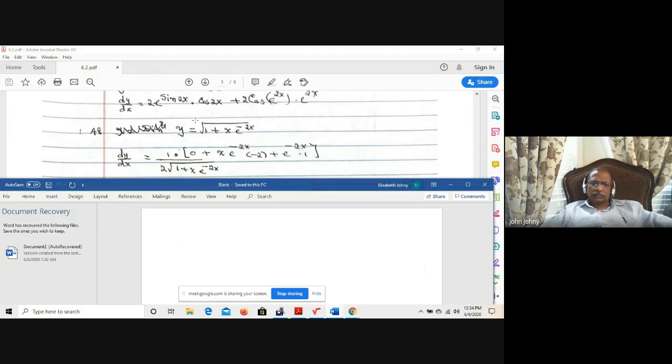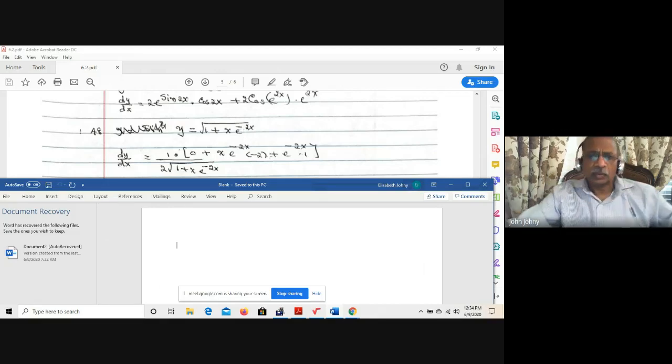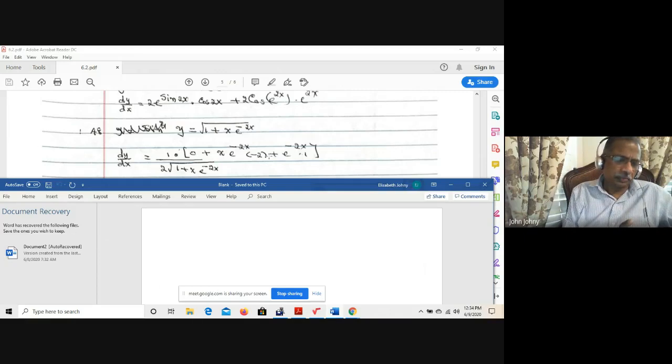So this becomes 1 over 2 times the square root of 1 plus x e to the negative 2x. Now you have to differentiate whatever is under the radical sign. The derivative of 1 is 0, plus x times e to the negative 2x times negative 2, plus e to the negative 2x times 1. Now you have to simplify.